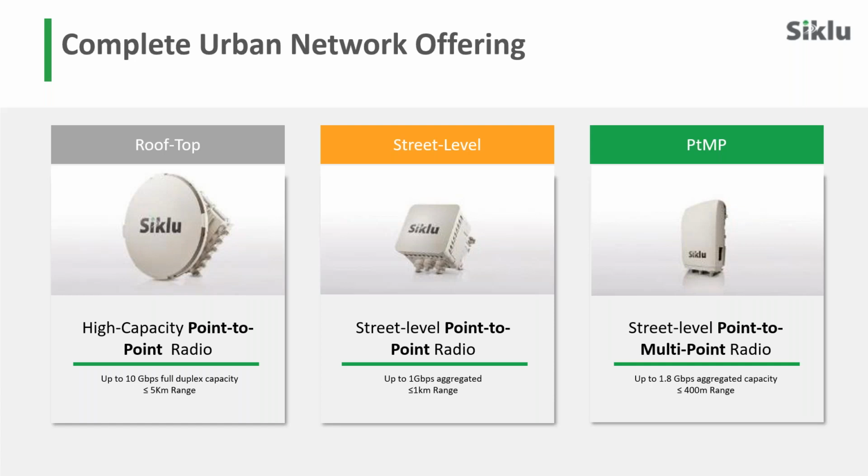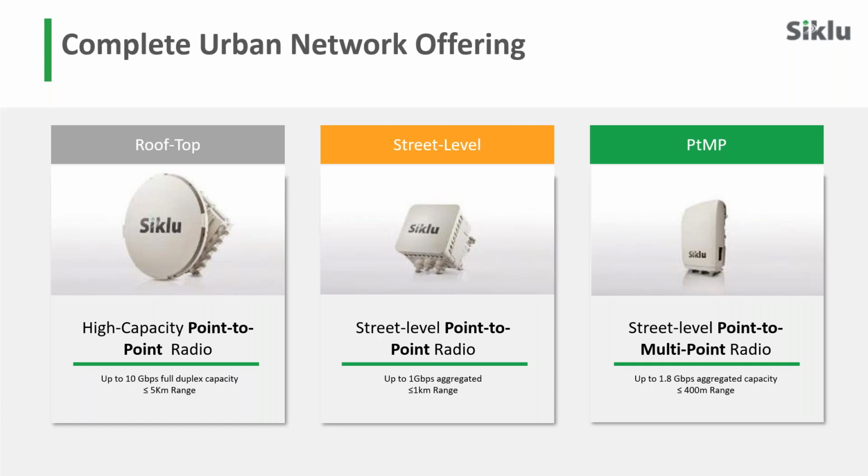And the range that we can achieve is 5 kilometers or 2 and some miles. Some have already deployed our solutions up to 6 miles with full 10 gigabit capacity.